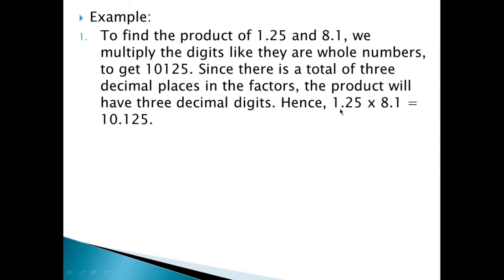So hence 1.25 multiplied by 8.1, the answer is 10.125. Okay? So, ayan kasi 'di ba? 1.25 then 8.1. Pag in-add natin sila is 3 decimal digits. So, of course, the result will have 3 decimal digits. Okay?